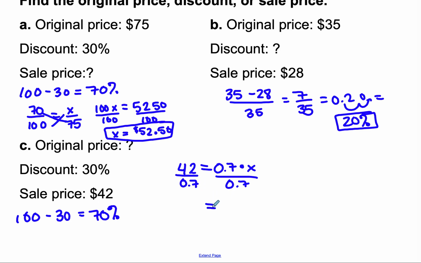So when I do 42 divided by 7/10, I get 60. This is money, so $60 equals x. Does it make sense that our original price could be $60 and our sales price is 42? Yeah, that does make sense. So 60 is my original.